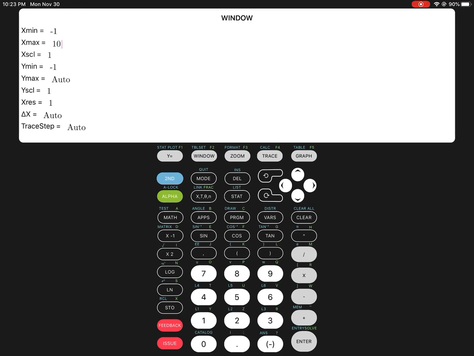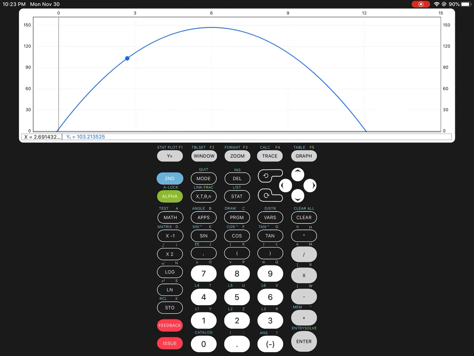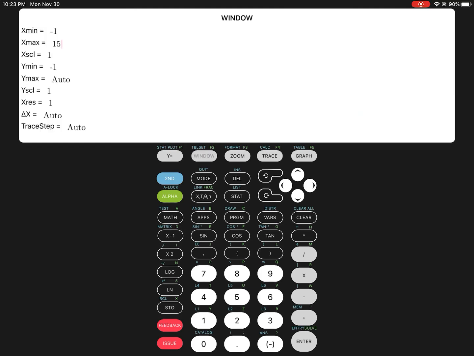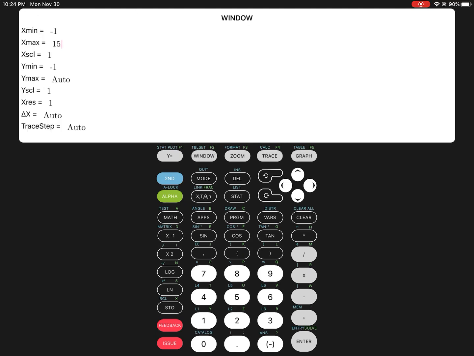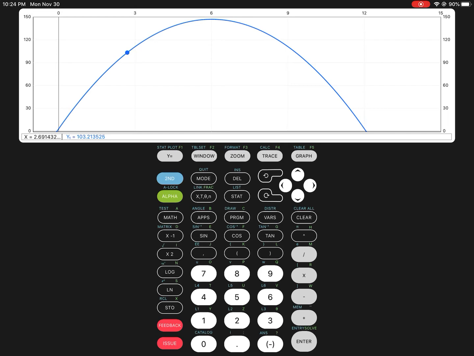I might change that to a 20 or maybe a 15. If I do a 15 and it didn't fit, I would just move it over further. And then of course my maximum y window here, it's on auto, but I can see that it's just beneath 150, so I might change that to 150 for those of you who have the TI-83. Okay, it's right near the top there.